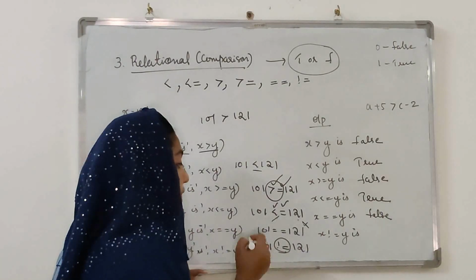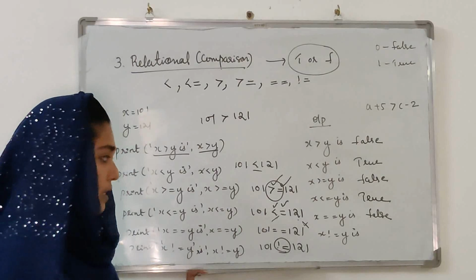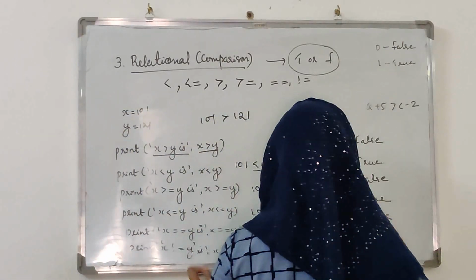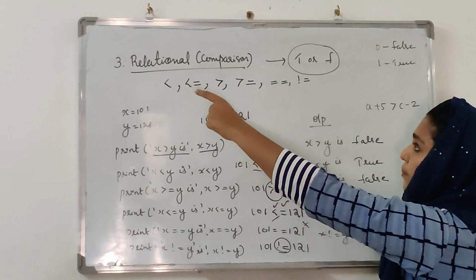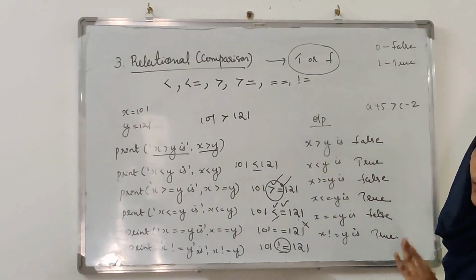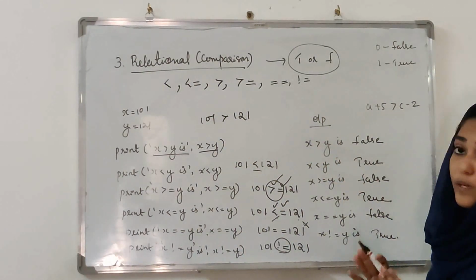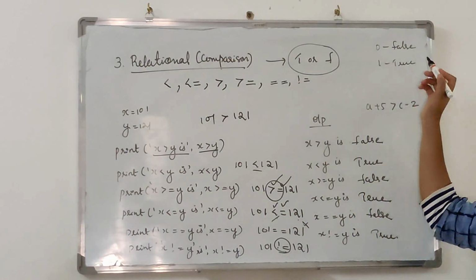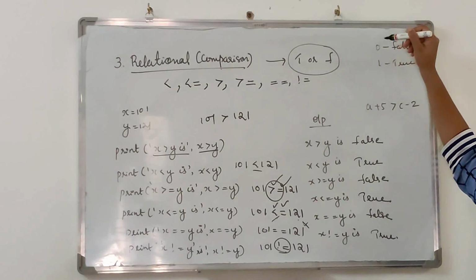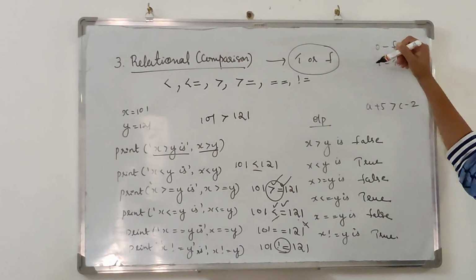So 101 is not equal to 121. That is correct. So what will be our output? Our output will be true. So in this way we can perform the relational operations. The output will always be either true or false. False is denoted by 0 and true is denoted by 1.